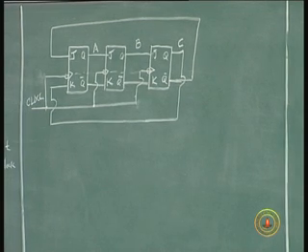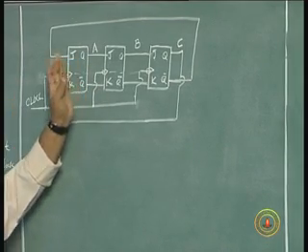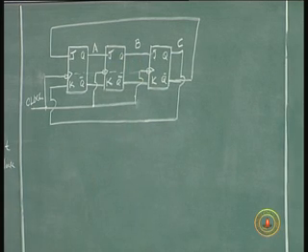Now this is a shift register in the sense that the output of this gets shifted into this at every clock pulse, this output goes into this, that is why it is a shift register.